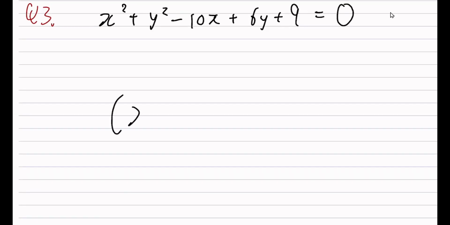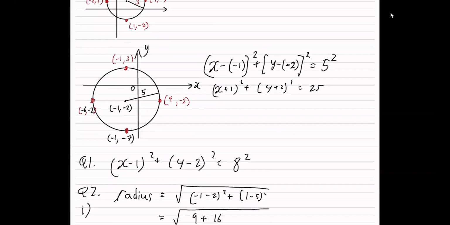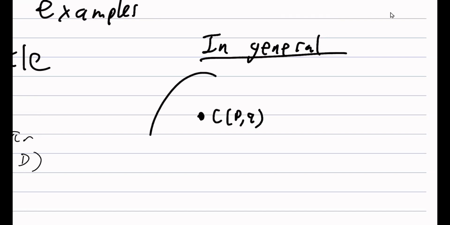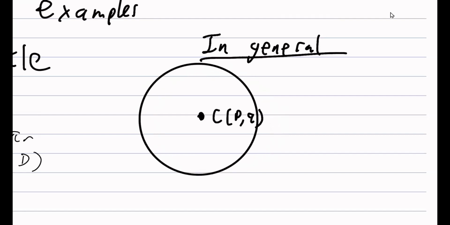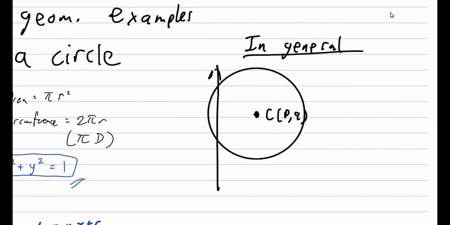Remember, we need this format. Sorry, I need to give you the general equation. In general, when you have a circle with P comma Q as the center, let's call it C for center, then you have a circle like this, with the y-axis and x-axis.